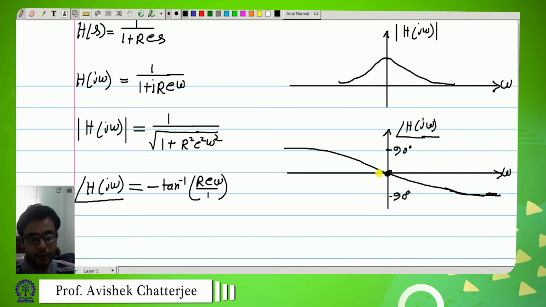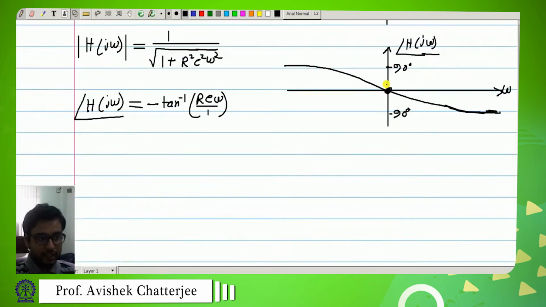So this is the phase response, approximately hand drawn. So for a perfect drawing, you should calculate these values with different omega values put in these expressions. You can use a computer or a calculator and then plot these diagrams more accurately.